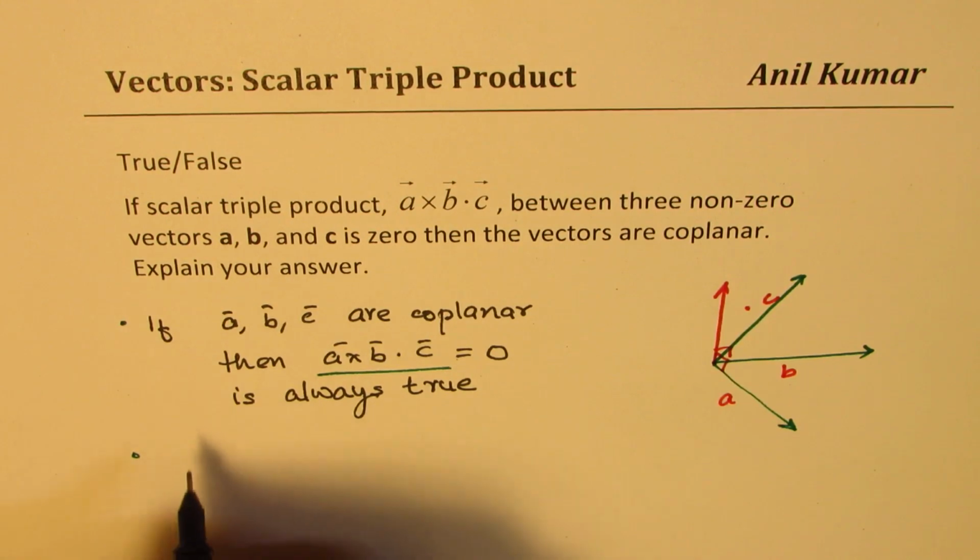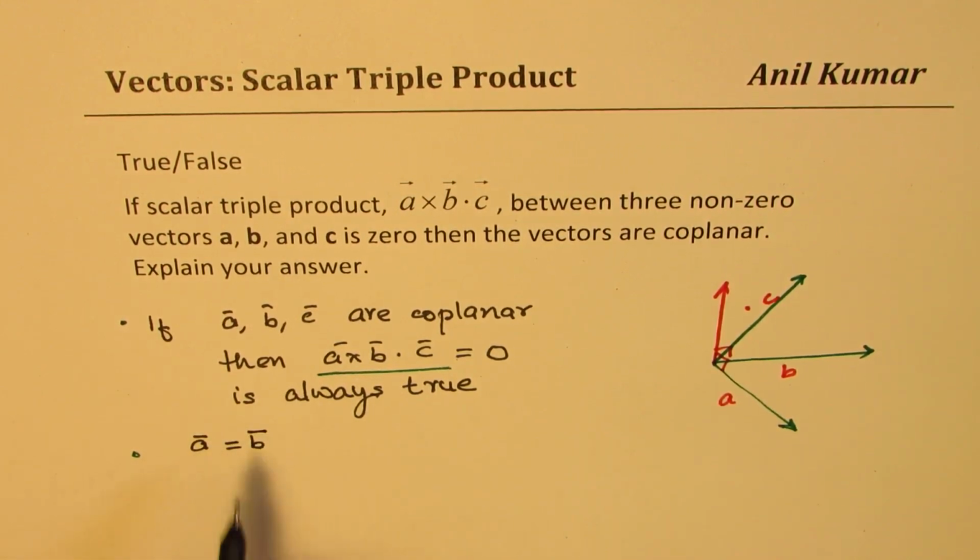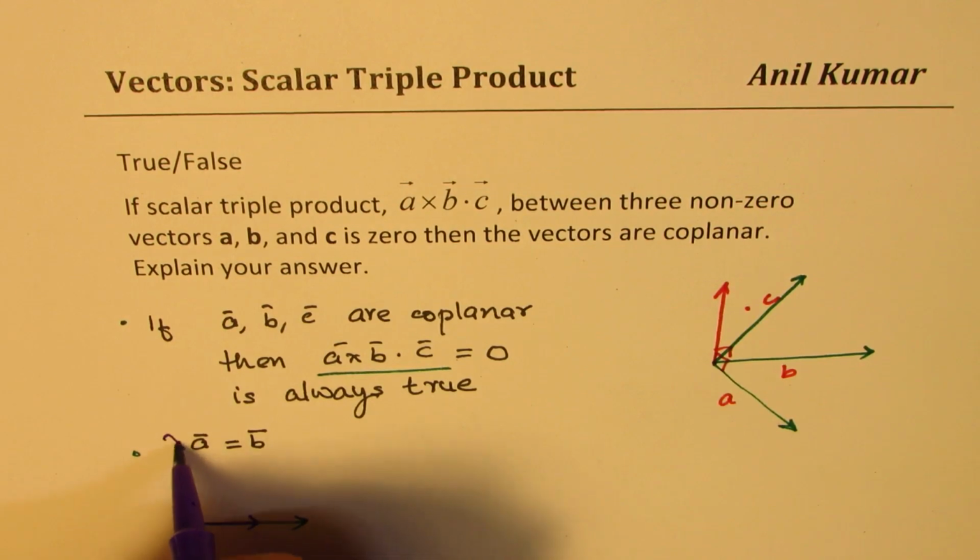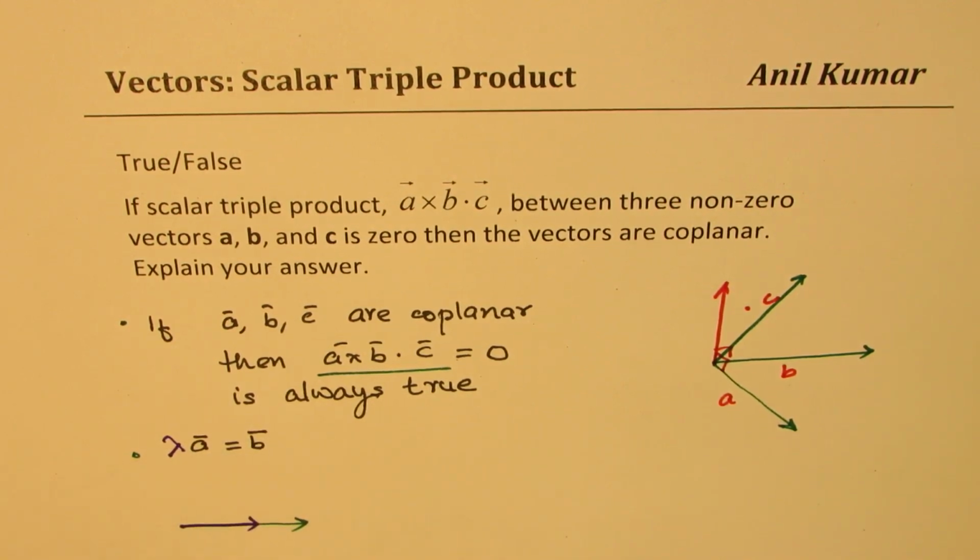Now think about vector A equals vector B. That is to say that if I have two vectors, let me sketch this situation once again. Let's say this is a vector A and vector B is also in the same direction. They could be scalar multiples also, but they are in the same direction. In that case, what happens?